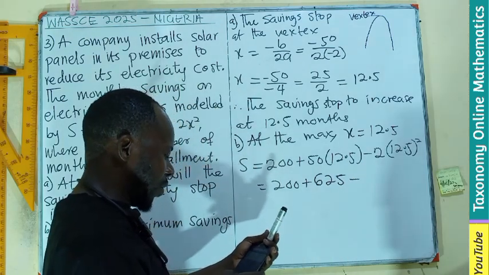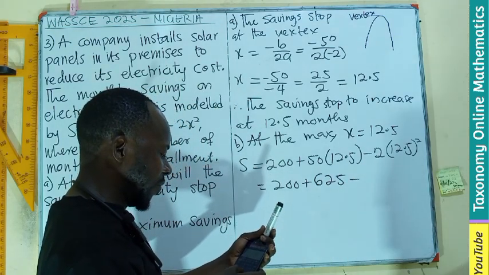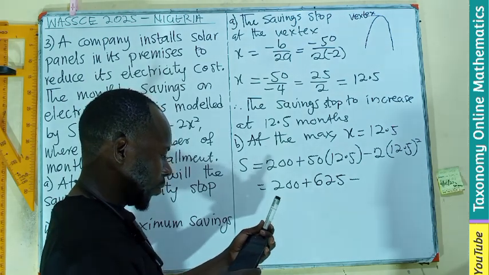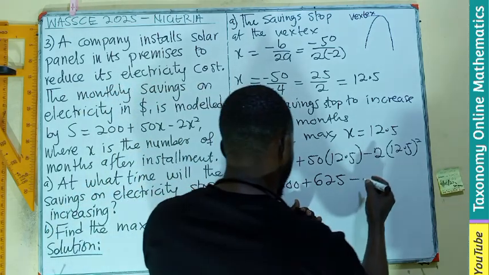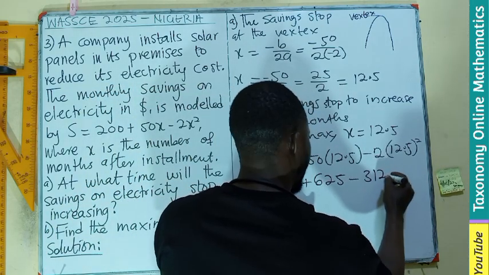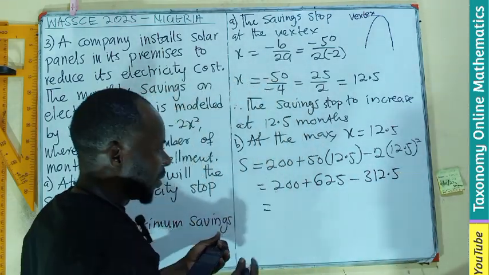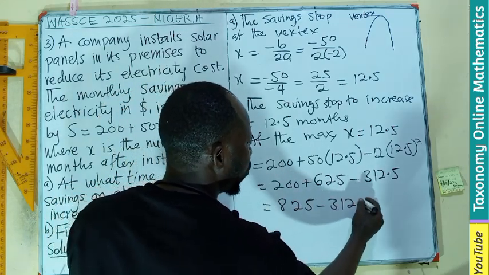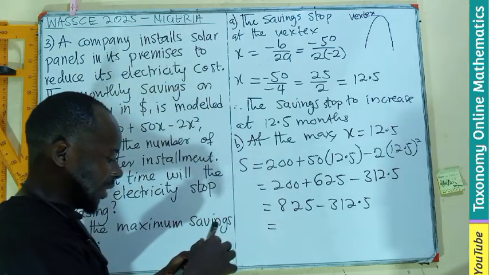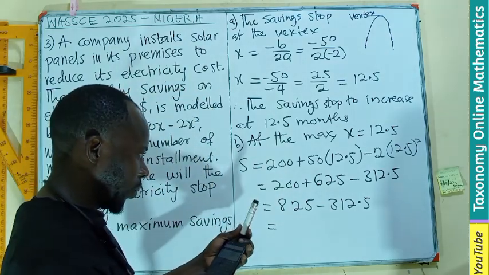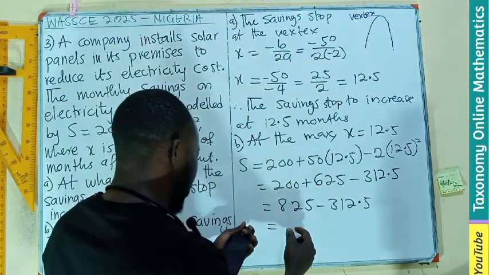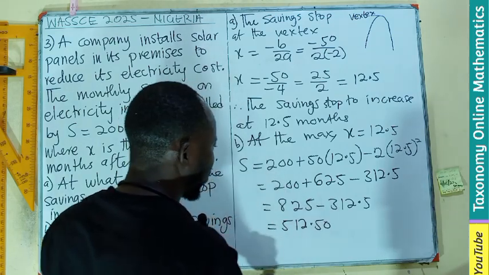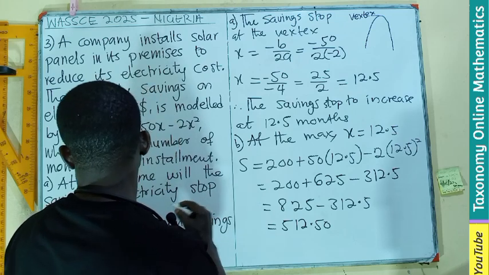Then minus 2 multiplying 12.5 all squared, that will also be 312.5. Let's see, we have 825 minus 312.5, and that will give you 512.50.